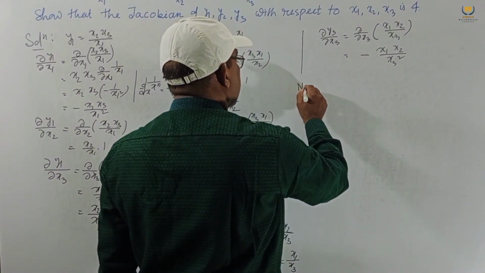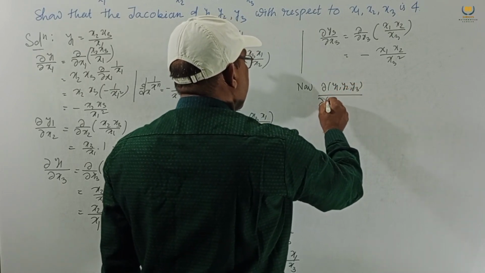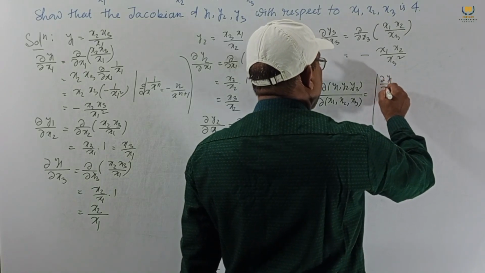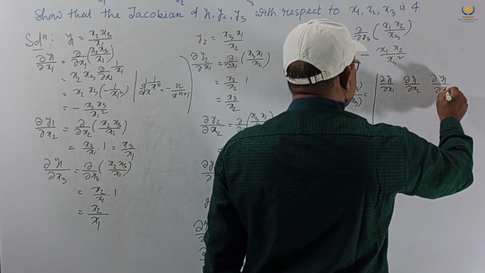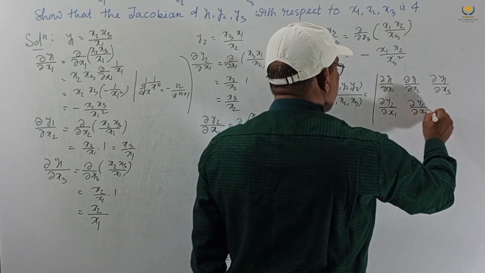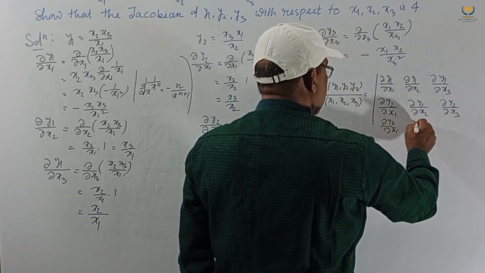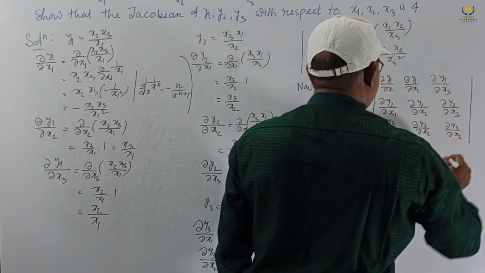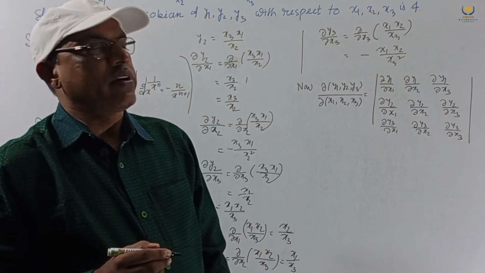Now del y1, y2, y3 by del x1, x2, x3 is equal to the determinant: del y1 del x1, del y1 del x2, del y1 del x3, del y2 del x1, del y2 del x2, del y2 del x3, del y3 del x1, del y3 del x2, del y3 del x3. This is our definition of the Jacobian.